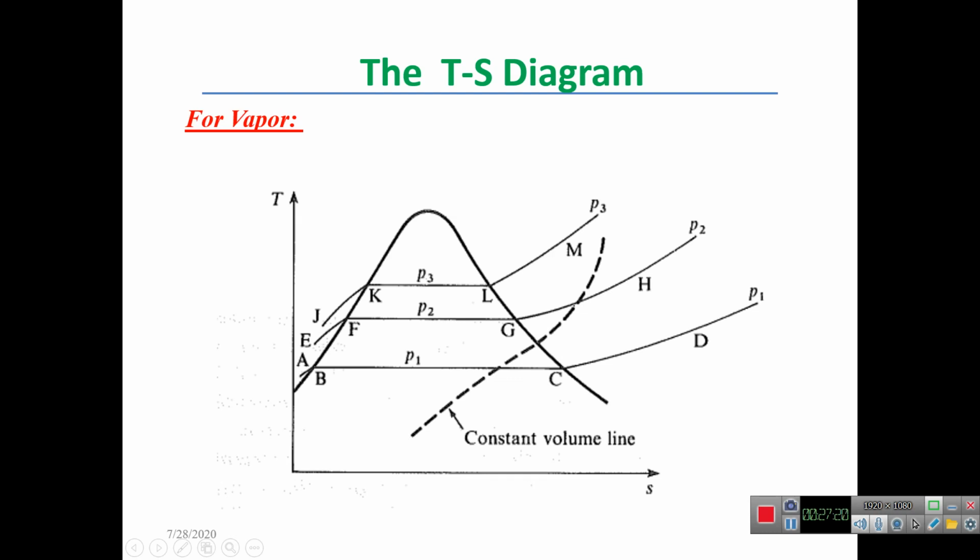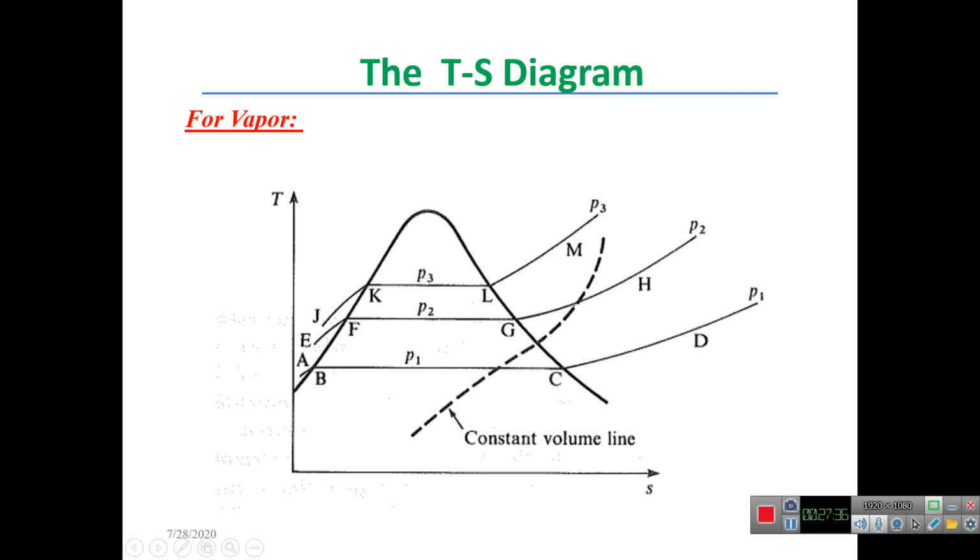Now the pressure lines, when you go out from the wet region, actually curve upwards. So these are the pressure lines P1, P2, and P3, and as we have indicated earlier on, the pressures are going to increase in that direction.